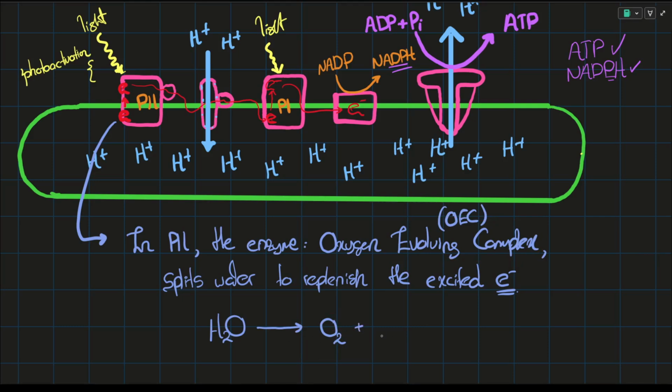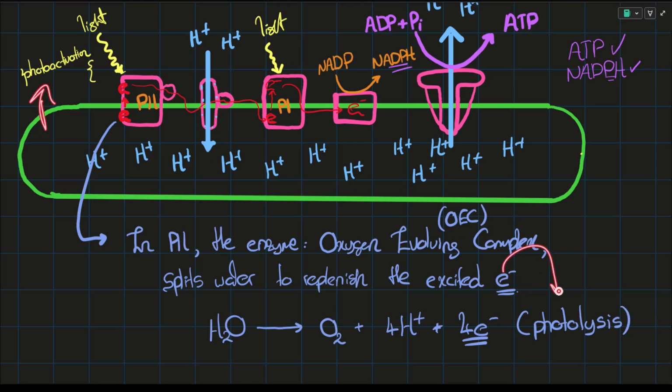H2O, O2, and the hydrogen is split like this into 4 protons and 4 electrons. This process is known as photolysis, breakdown of what? That was photoactivation over here. This is known as photolysis, where we split the water in this manner.